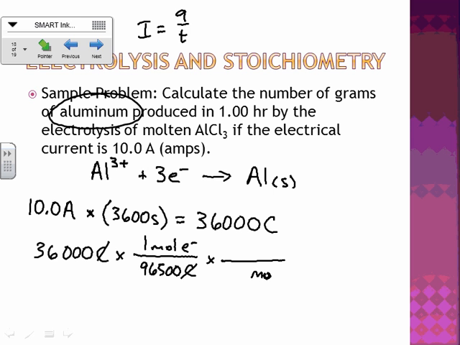Now we're just doing stoichiometry. So now we go from moles of electrons to, what are we trying to figure out here? Right, so we're going to go to moles of aluminum first so that we can get to grams of aluminum, okay? 3 moles of electrons for every 1 mole of aluminum here.